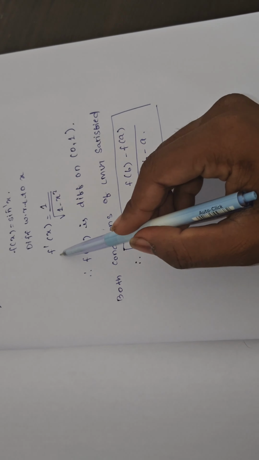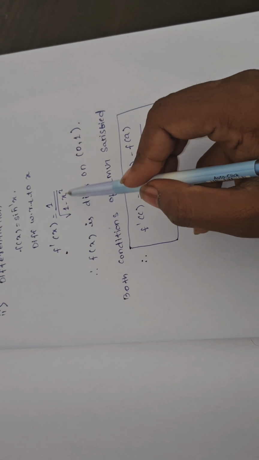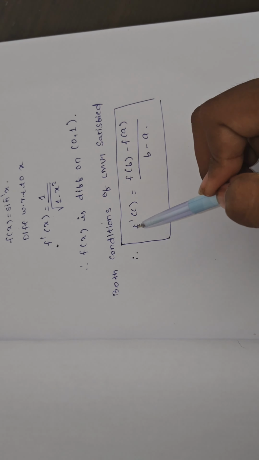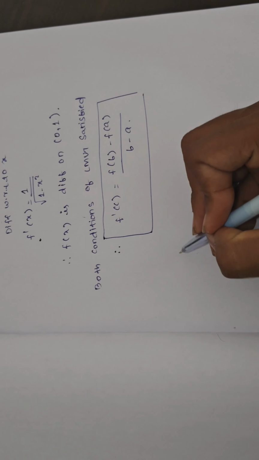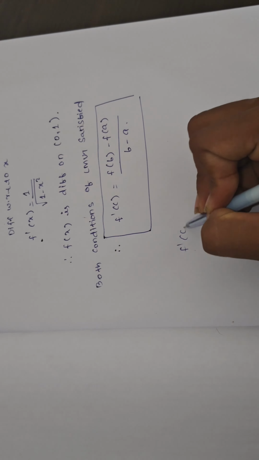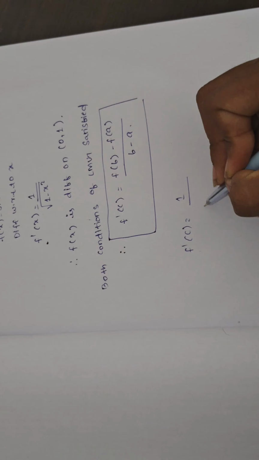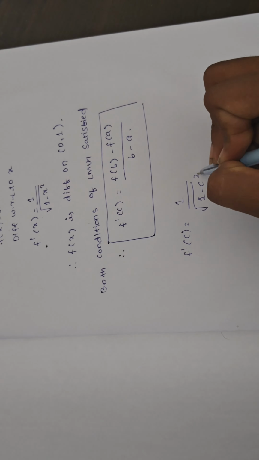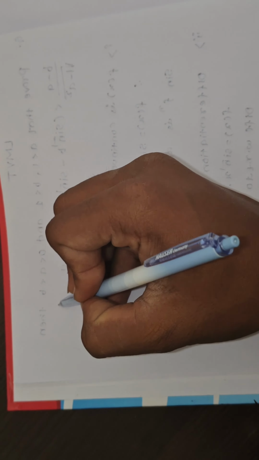As you can see, f dash of x is equal to 1 by under root 1 minus x square. So we can write f dash of c as 1 by under root 1 minus c square. And f of b can be written as sine inverse b, and f of a can be written as sine inverse a.